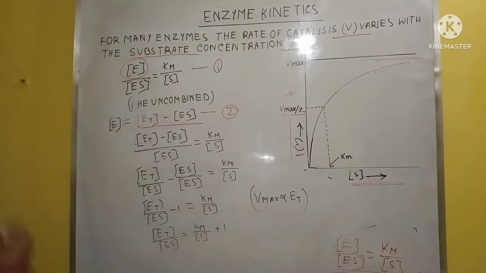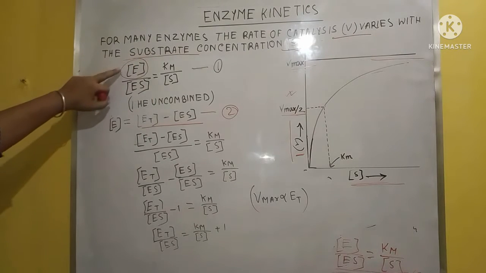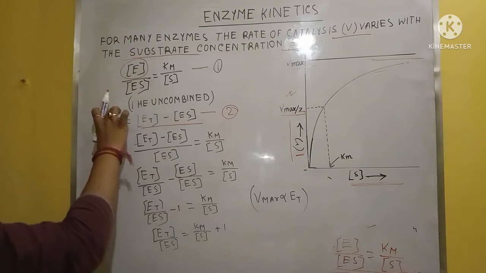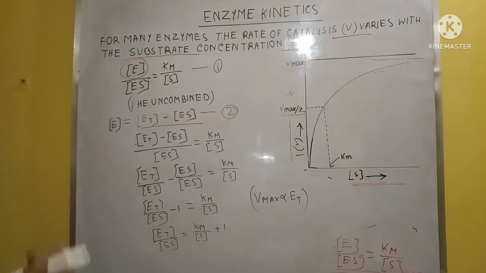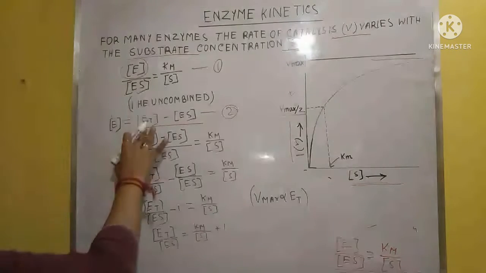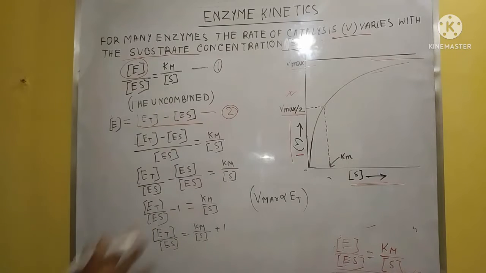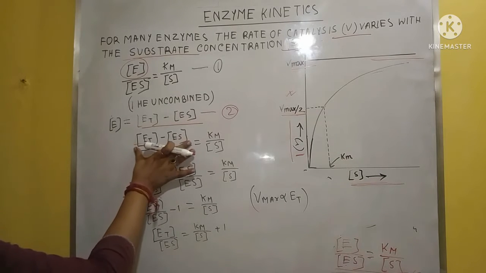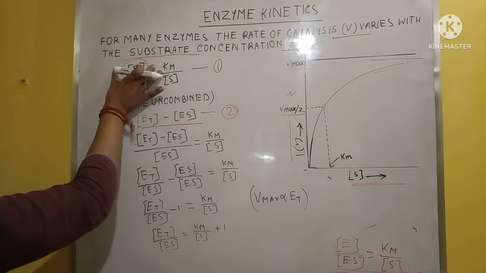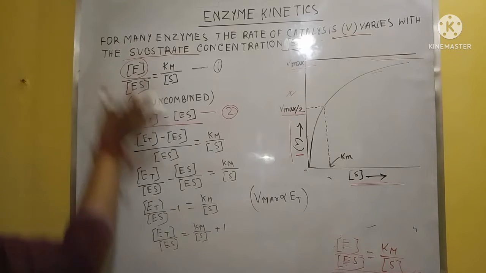In equation number 1, in place of E. Clear? In place of E, because here we recognize the uncombined concentration. How do we calculate it? That is the total ET concentration minus the ES complex concentration. So I put this in equation 1's E place, replacing the E concentration right here.